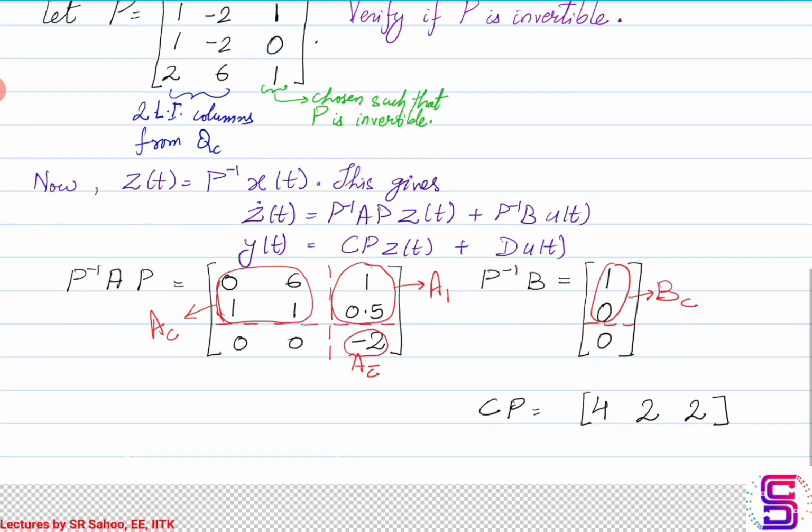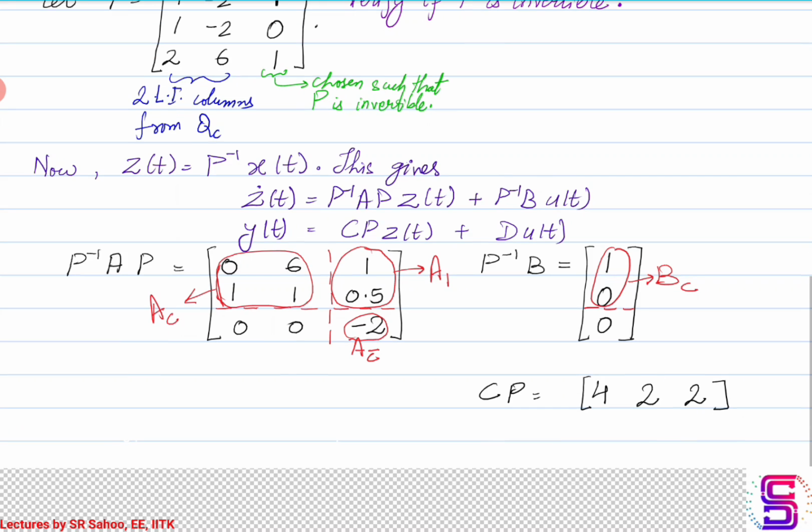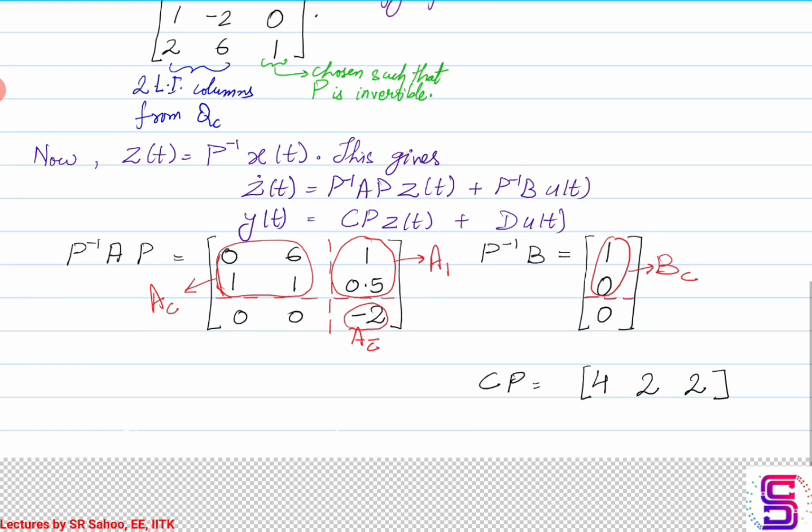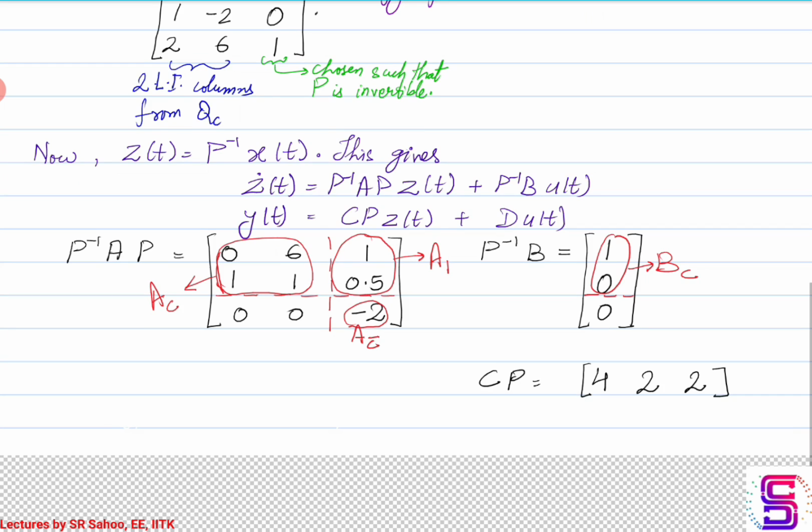In this particular example, D is 0, so we will not have this D. On calculation, P inverse AP is revealed to have this particular structure where AC is a block, A12 is a block, then we have a 0 block, and then AC bar is a block with -2, and P inverse B is revealed to be of the structure 1, 0 and 0.